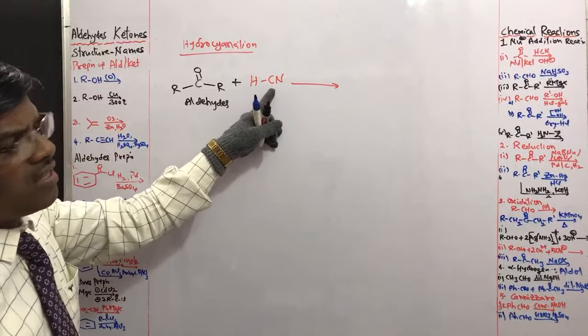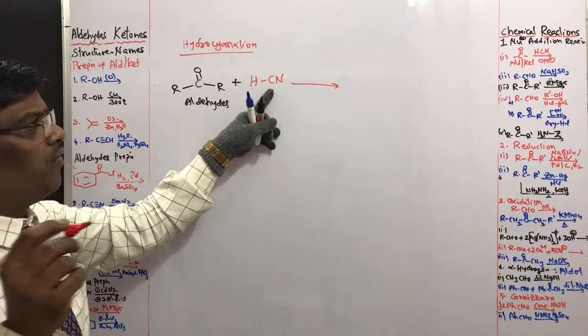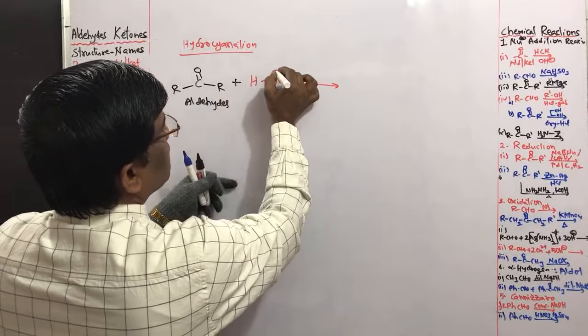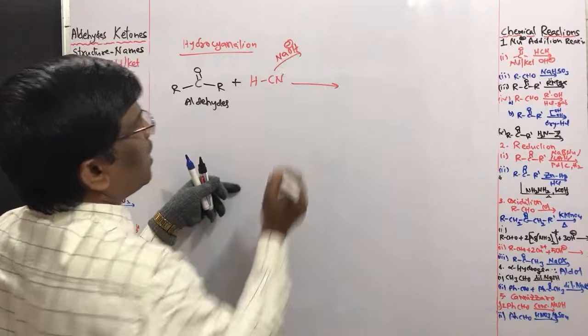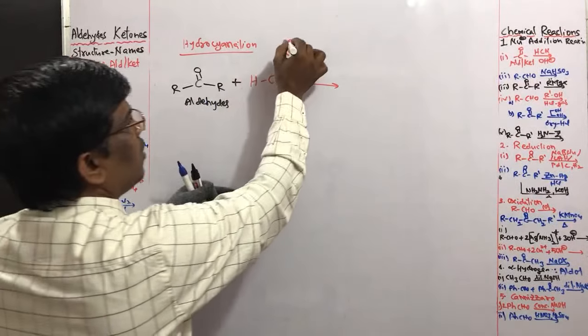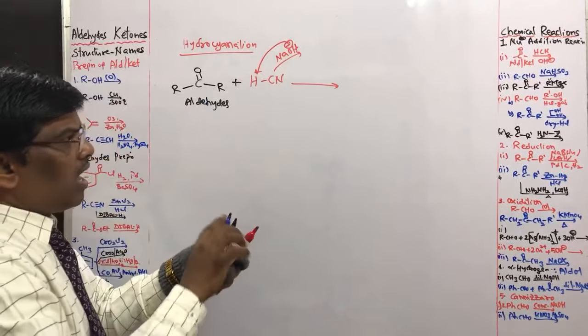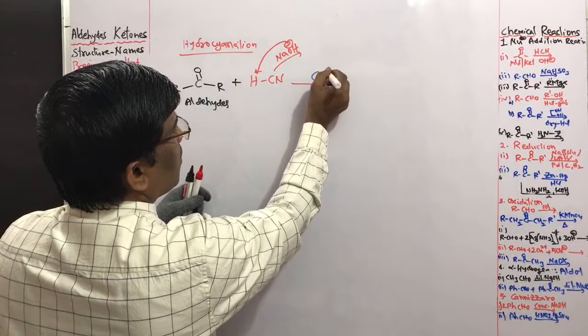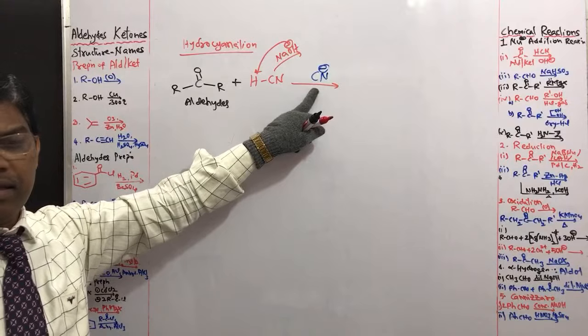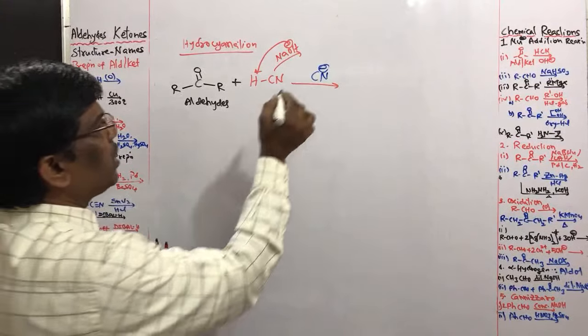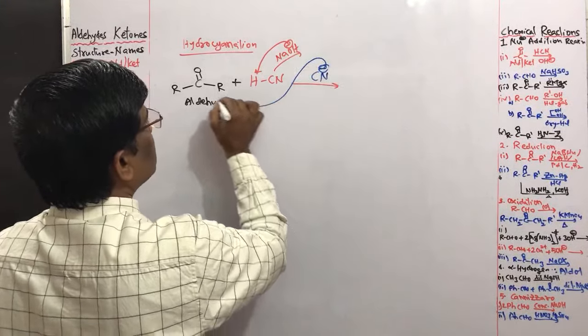However, this hydrogen cyanide is not that good a nucleophile. So what I will do is add NaOH. In presence of NaOH, this OH takes up this proton and gives cyanide minus. It's a strong nucleophile. So what is the step now? Nucleophilic addition takes place.